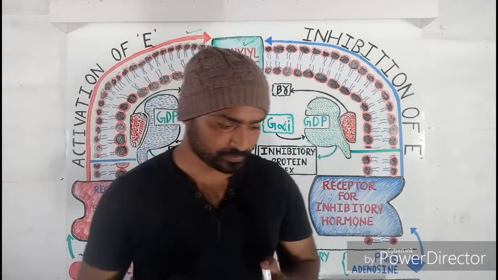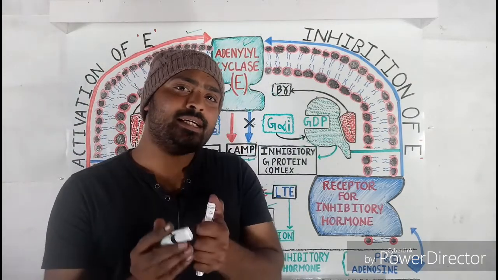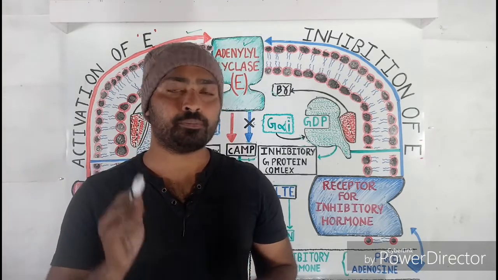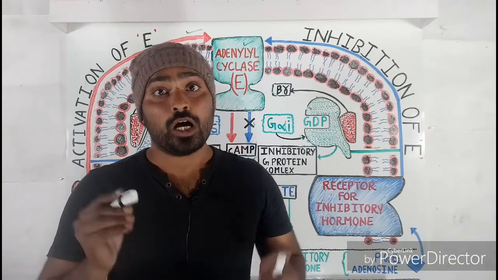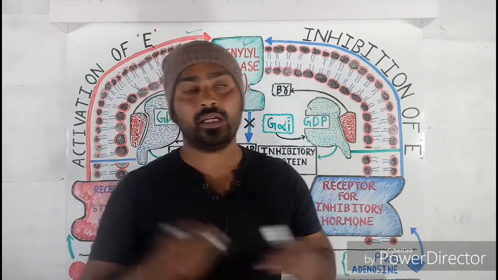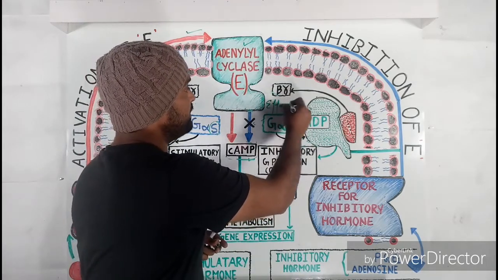Now let's start. In cAMP signaling or any other signaling pathway, the most important protein or molecule around which the whole pathway is based is the effector molecule. What is that?